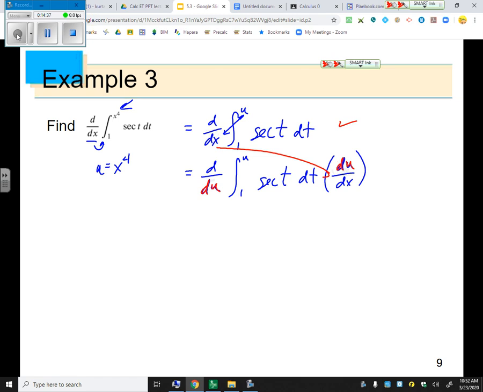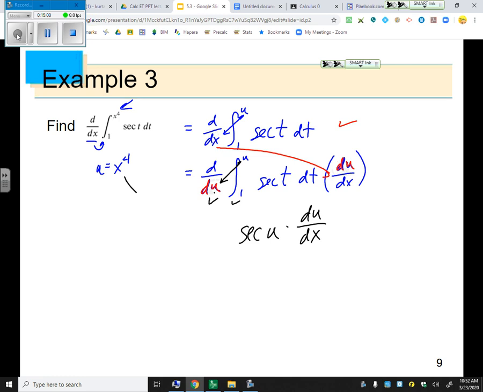All right, so what does that mean for us? Well, remember, now these will cancel since I'm integrating with respect to the same variable here. The differentiation and the integration undo each other, and I'm just going to have secant of u, and then times du over dx.